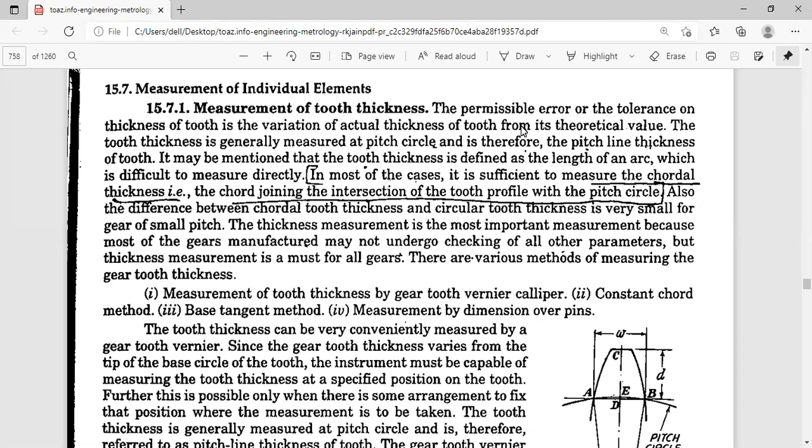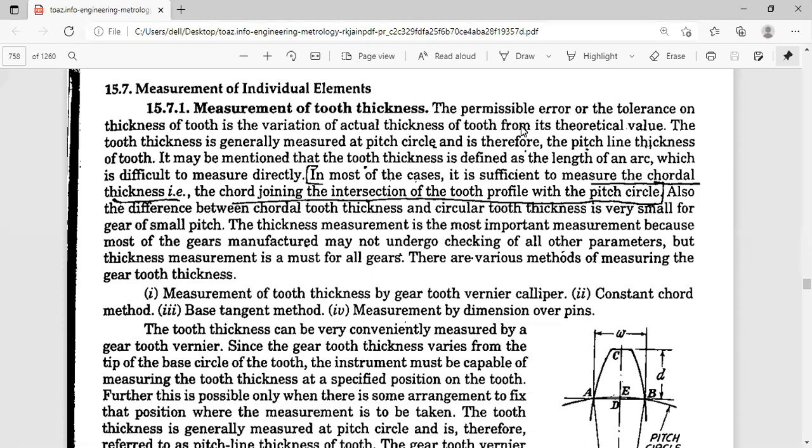We incorporate the data in that formula and find the tooth thickness at the particular chordal addendum, H. It is known as the chordal addendum. That's what we have to discuss today.